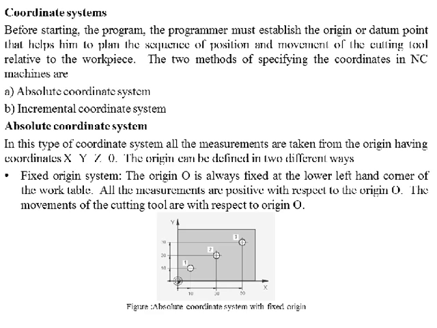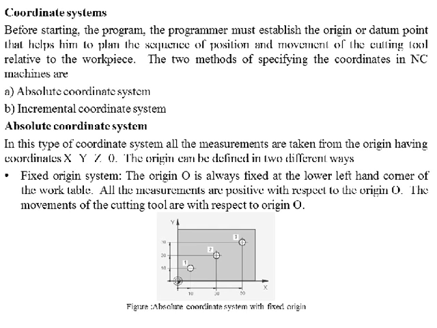In the case of the fixed origin system, the origin is always chosen as the lower left hand corner of the work table. We can see the two concentric circles in the figure. This indicates the origin, that is, the lower left hand corner of the work table is chosen as the origin in the fixed origin system, and all the measurements will be positive when you choose the lower left hand corner as the origin.